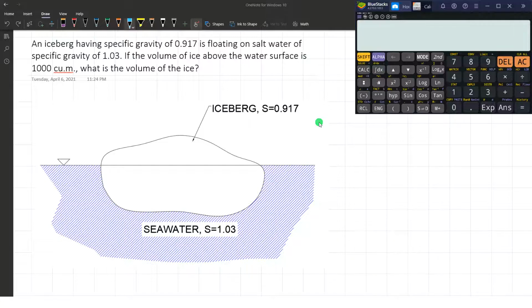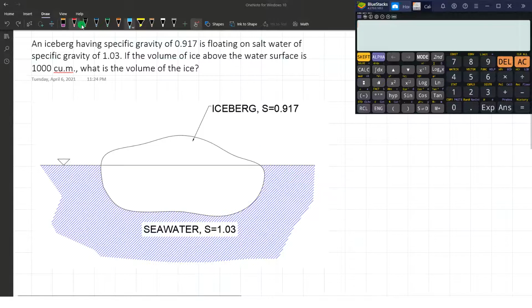Usually we think that ice is just made of water, but when water becomes ice, its specific gravity, or its unit weight, changes. It becomes lighter than liquid water. So here in this example, we have an iceberg which has a specific gravity of 0.917, and we have seawater with a specific gravity of 1.03.